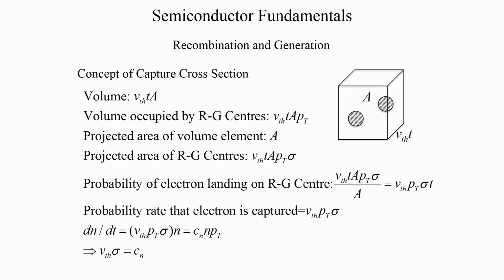Let us say you have a volume in a semiconductor. So, we are looking at the actual physical picture in a semiconductor, and this volume has got a cross section A, and an electron is travelling through this cross section. Let me draw that better.